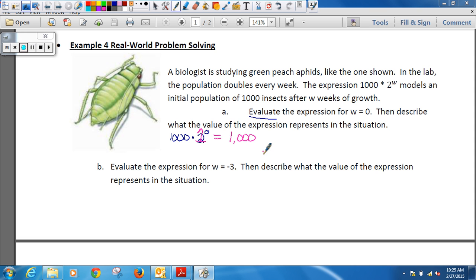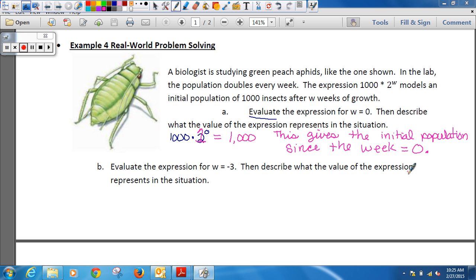And then it says, describe what the value of the expression represents in the situation. This gives us the initial population since the week equals 0.